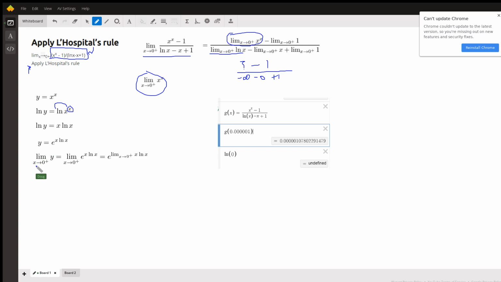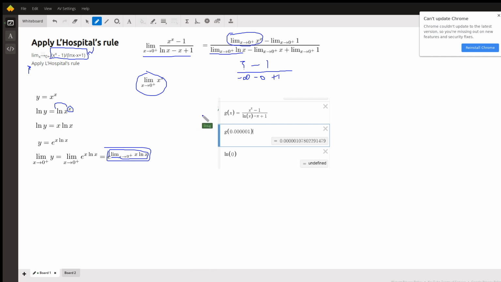If I take the limit as x approaches 0 from the right, this is what I end up wanting to evaluate, with e to the limit of that thing. It will be the limit of y, or x to the x, as x approaches 0.